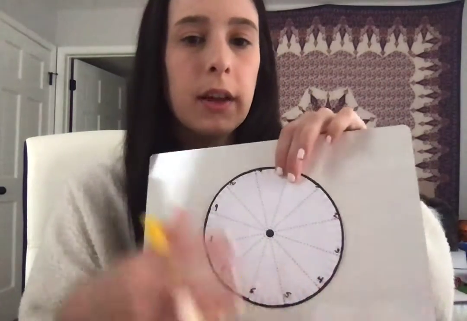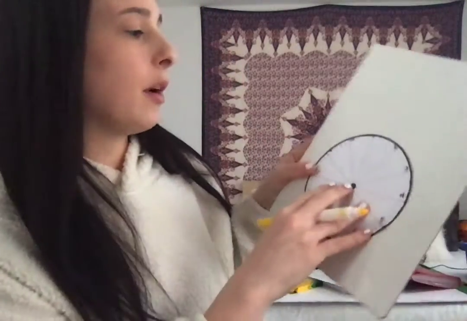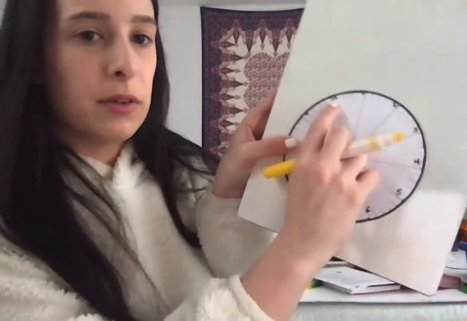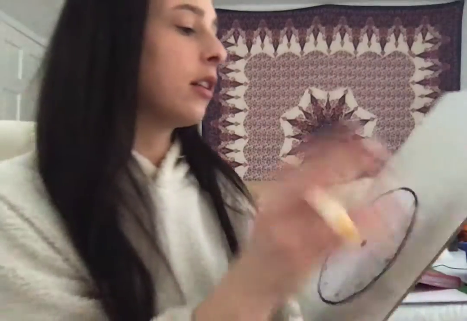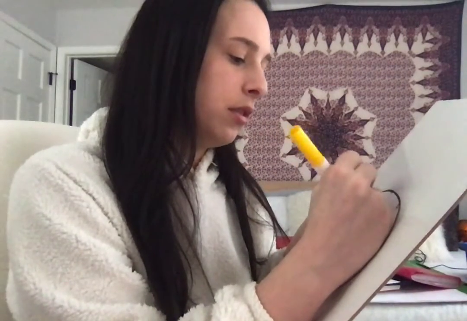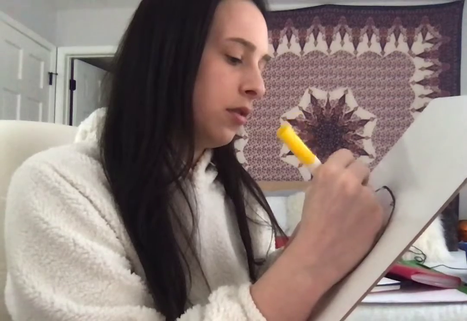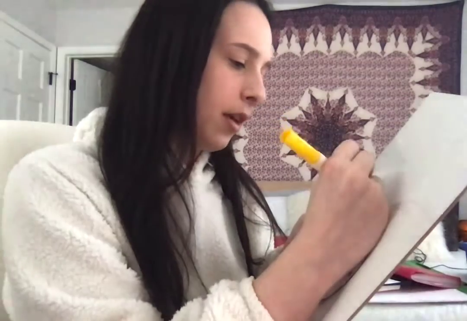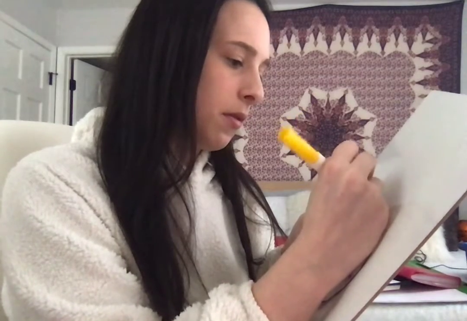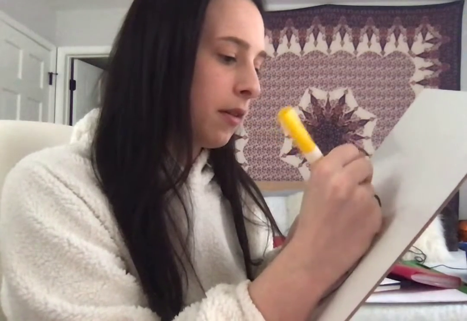So you're going to start like we did when we put our numbers between 12 and 1. And I'm going to color it in yellow. And then I'll show you what that should look like.